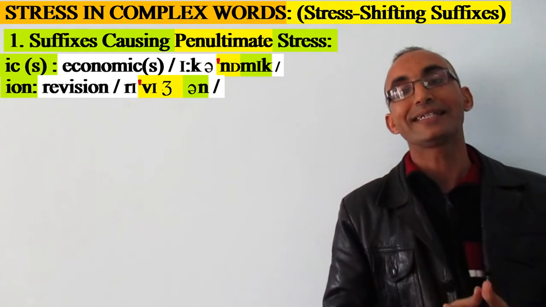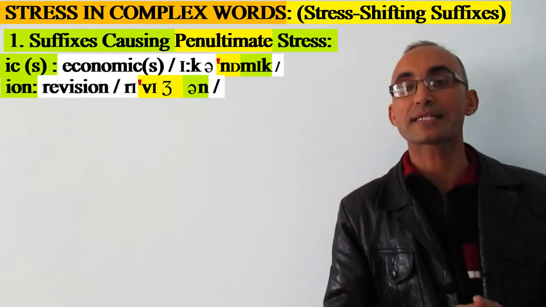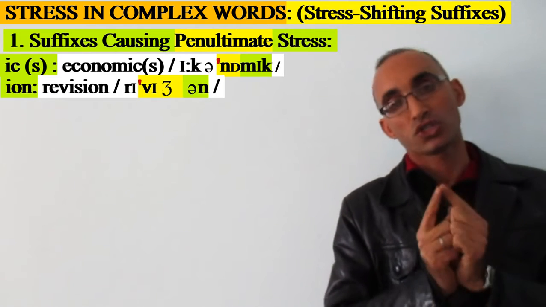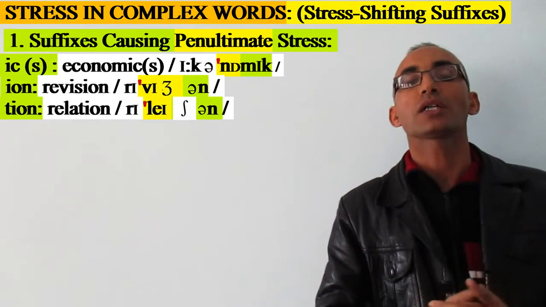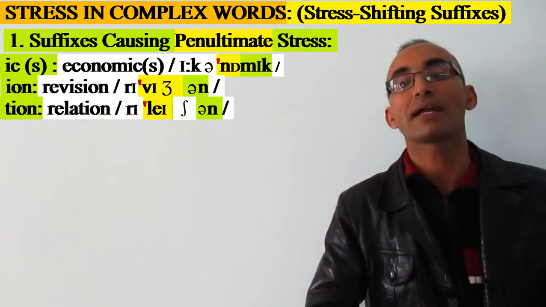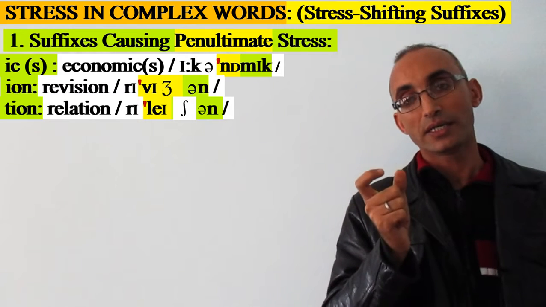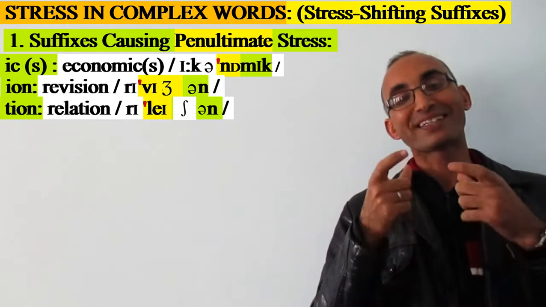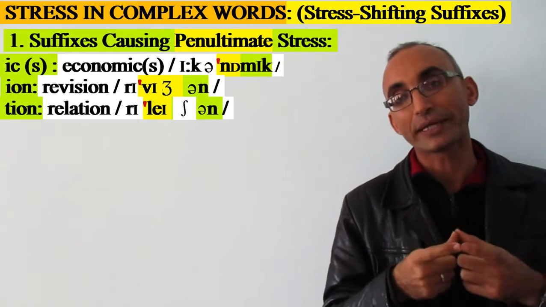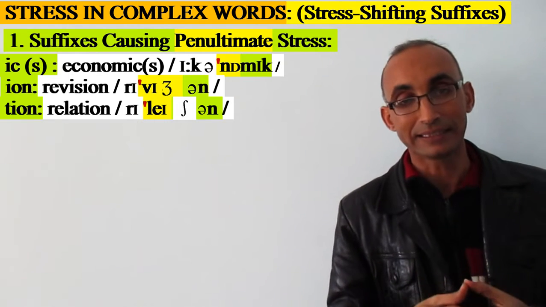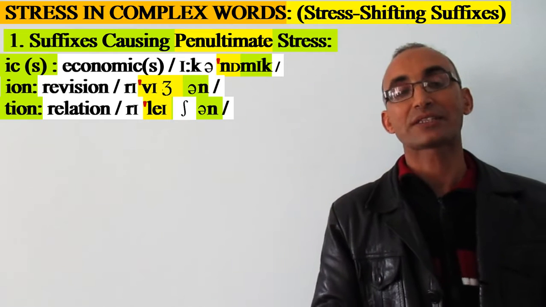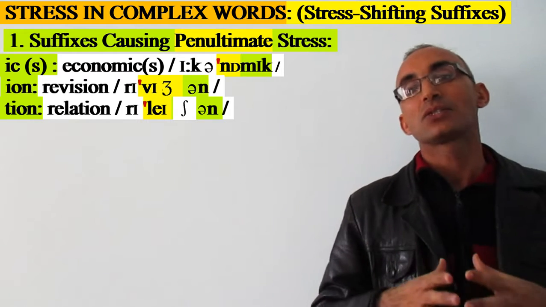Sion is the suffix, so I stress vi, which comes directly before sion. Also tion, like relation. Tion is the suffix, so I stress the penultimate syllable just before it, which is la. So these are the major suffixes which cause penultimate stress.